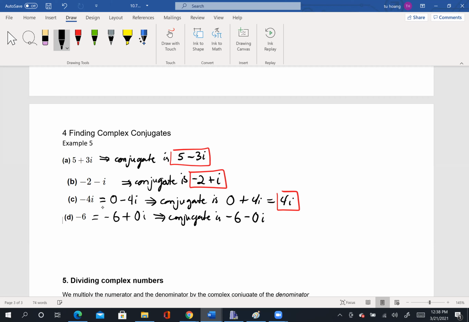But minus 0i is just 0 again. So the answer should be just negative 6. So the conjugate of a real number is itself.